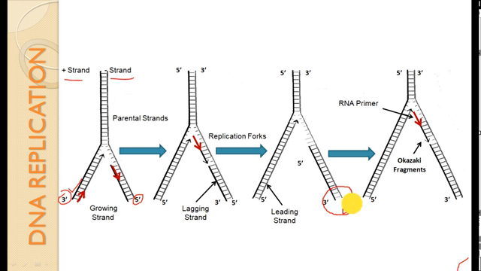The enzyme comes here and an empty space is formed here. So a fresh RNA primer is formed, and in continuation with this primer, the DNA is synthesized.